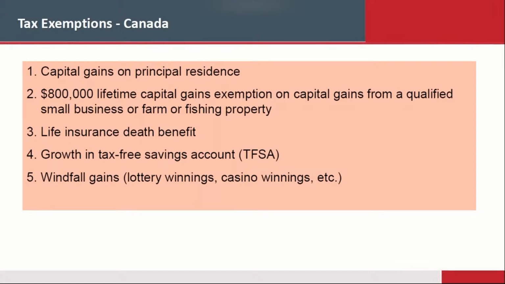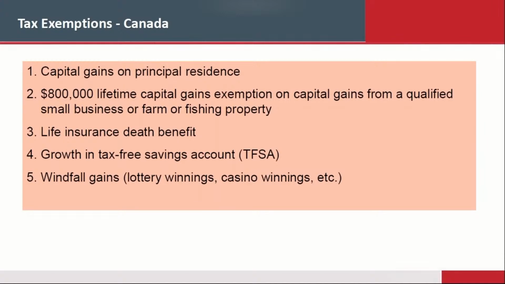So it is indexed to inflation, so it changes every year. But the point is that up to that amount at the date of death, or the date that you actually sell your business, for example, you are allowed to take $800,000 plus out of the business without having to worry about any kind of taxation whatsoever. The rest of it, of course, you will have to pay tax on.